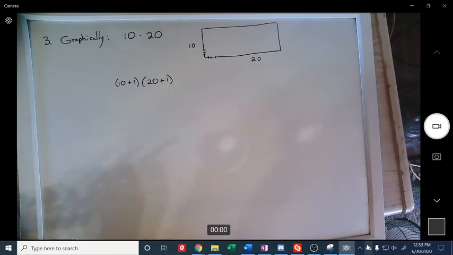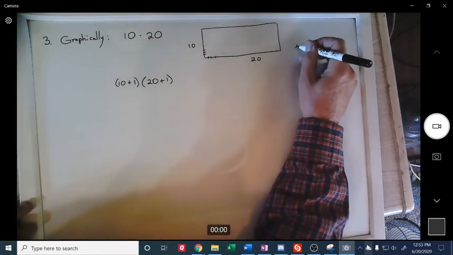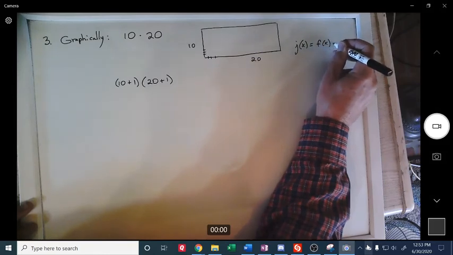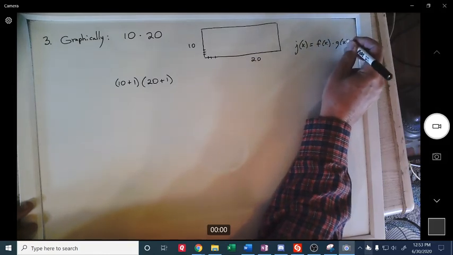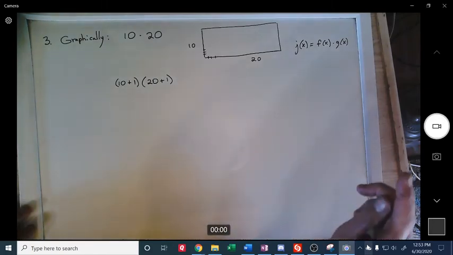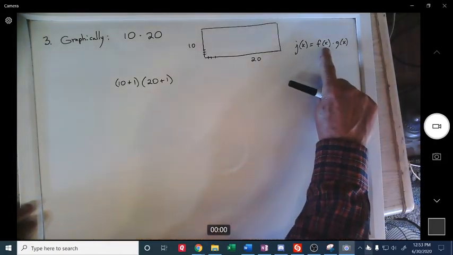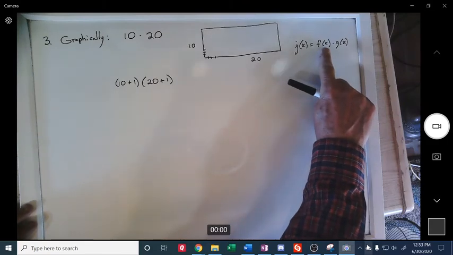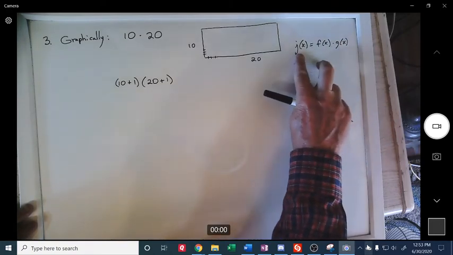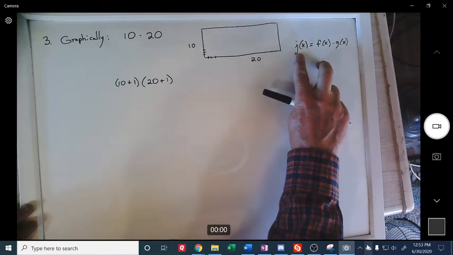Now, remember we were looking at J of x is f of x times g of x. See, when the input increases by 1, the x might increase by 1, but that could cause some change over here and some change over here. And then how does that change the total J over here?